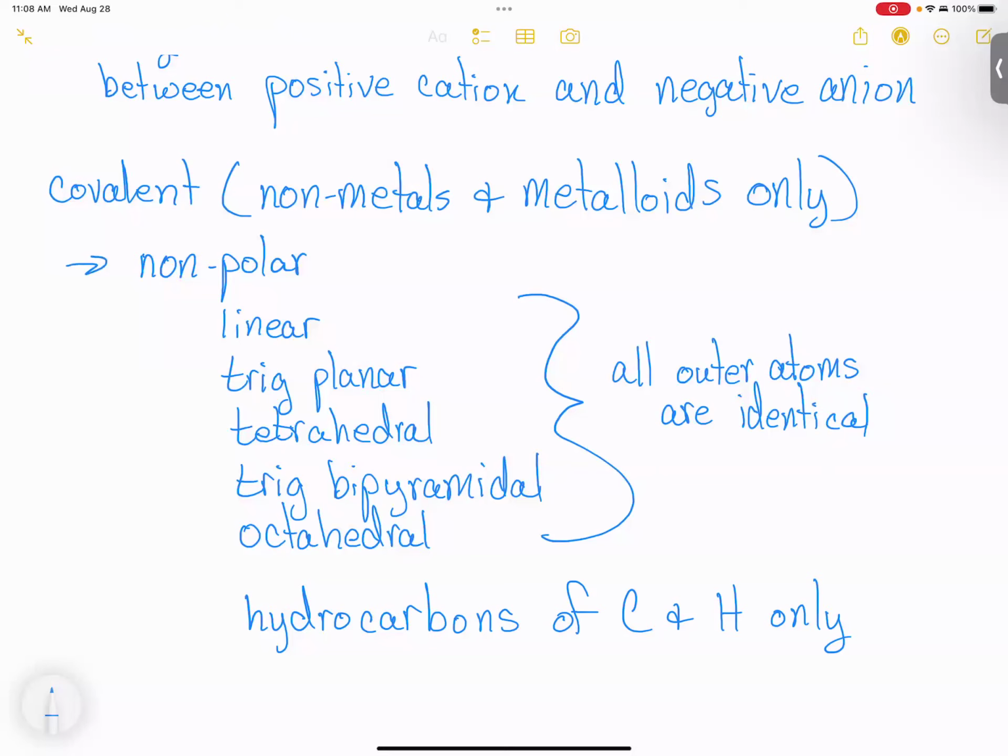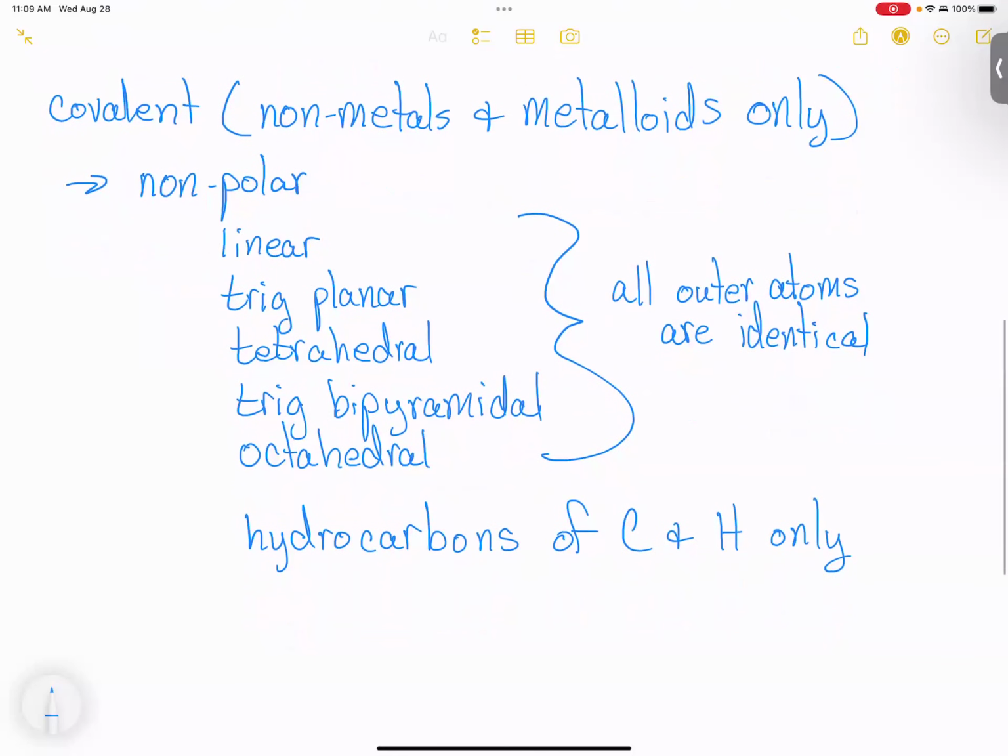Now, if it is nonpolar, then the intermolecular force that is present is going to be a London dispersion force. And that's all it's going to have.